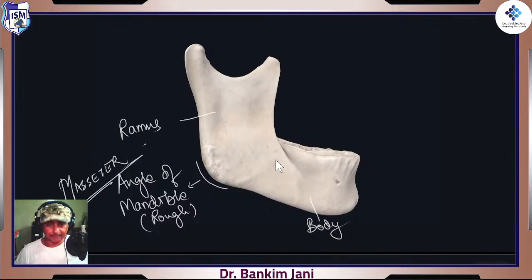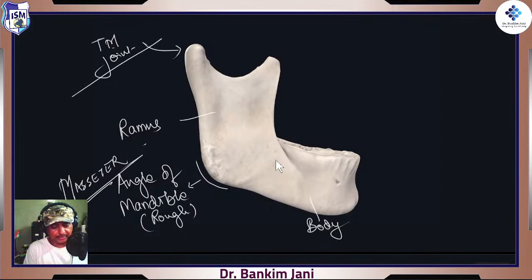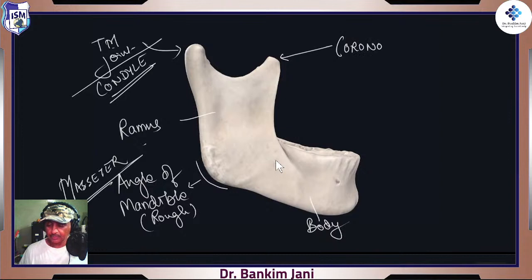You'll see that muscle. Regarding this, this is what will be forming the TM joint, the temporomandibular joint, and it is called the condyle, or the condylar process. And this one is called the coronoid process.